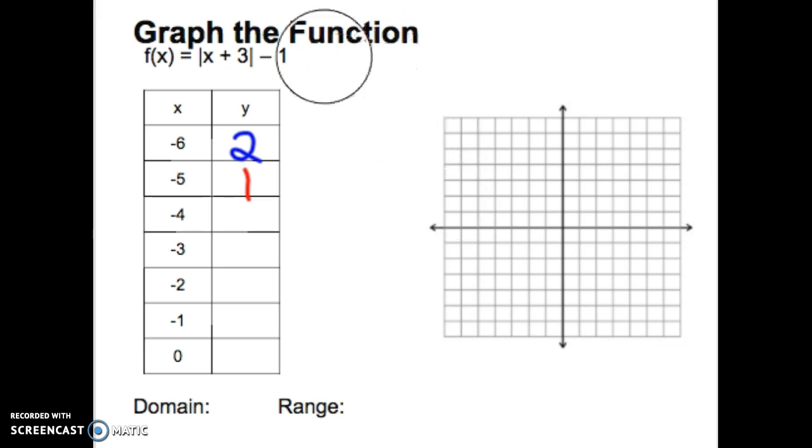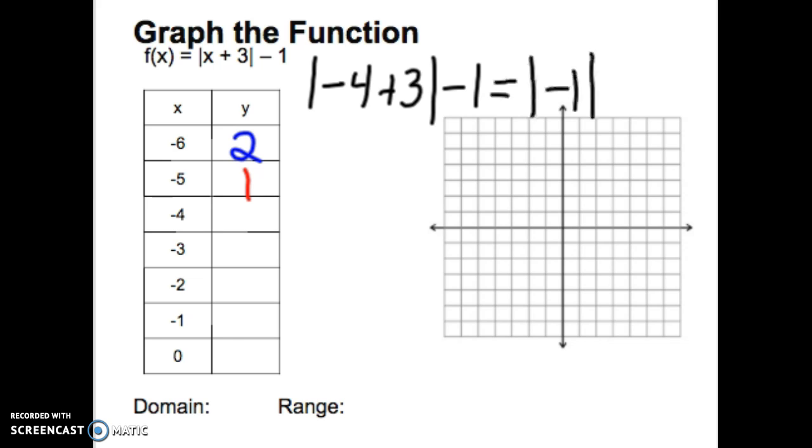Doing the same process again, we'll follow through with that whole thing just one more time. Plug in the -4 plus 3, all minus 1. Inside the absolute value becomes a -1 minus 1. Again, the absolute value turns into a positive, and this would give me 0. Lots of straight lines in there. Sorry if that's confusing.